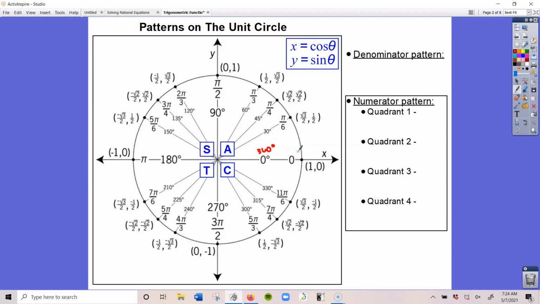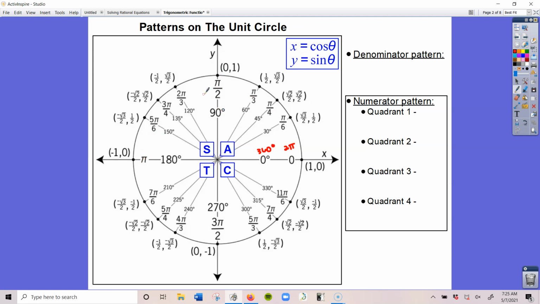And if I were to write down a full revolution in radians, we learned that a full revolution would be 2 pi. So that's why you'll see here at the axis, it goes by pi over 2, since 2 pi divided by 4 equal parts is pi over 2. So here we have pi over 2, which is equivalent to 90 degrees.